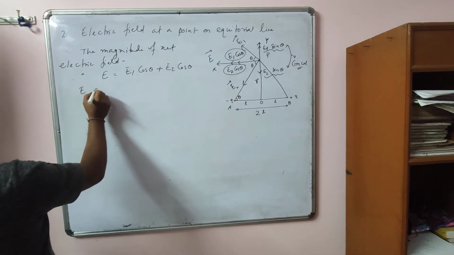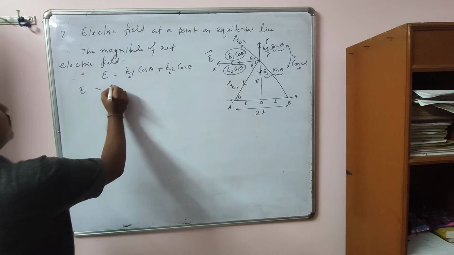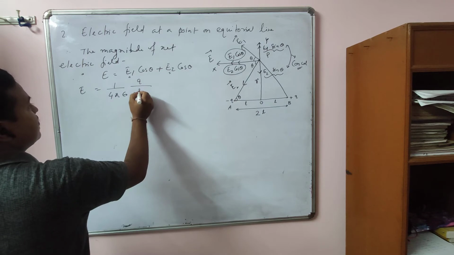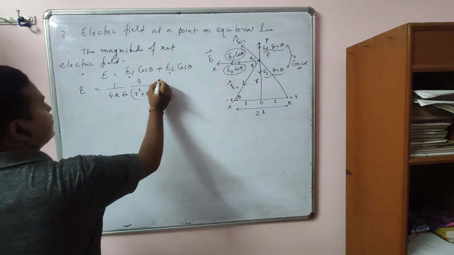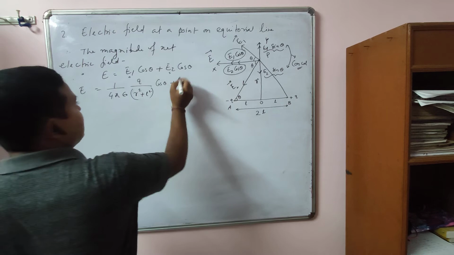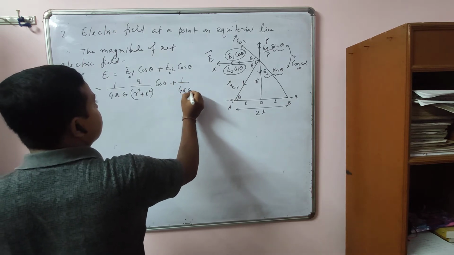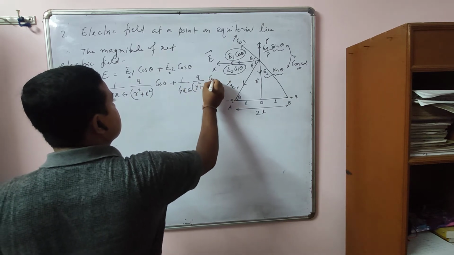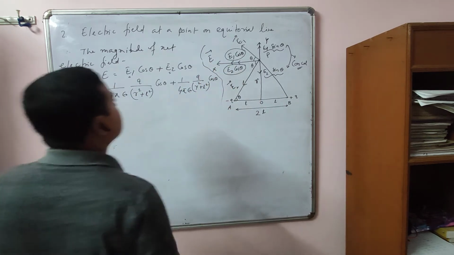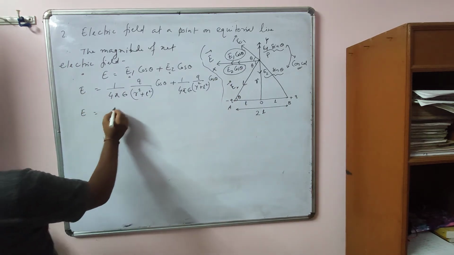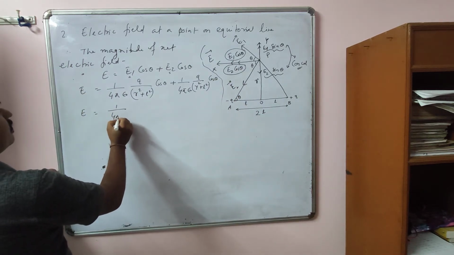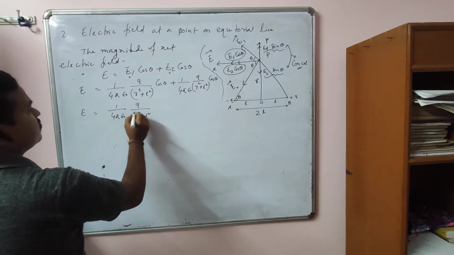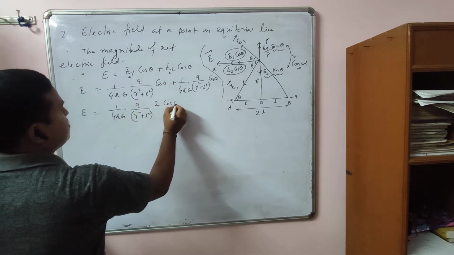Now just put the values of E1 and E2, which I have already given you. 1 by 4 pi epsilon, q by r square plus l square, cos theta, plus the same expression, cos theta. So it will be 1 by 4 pi epsilon, q by r square plus l square, into 2 cos theta.